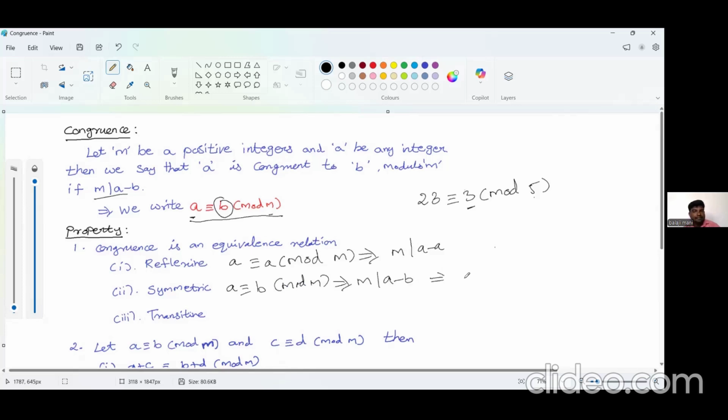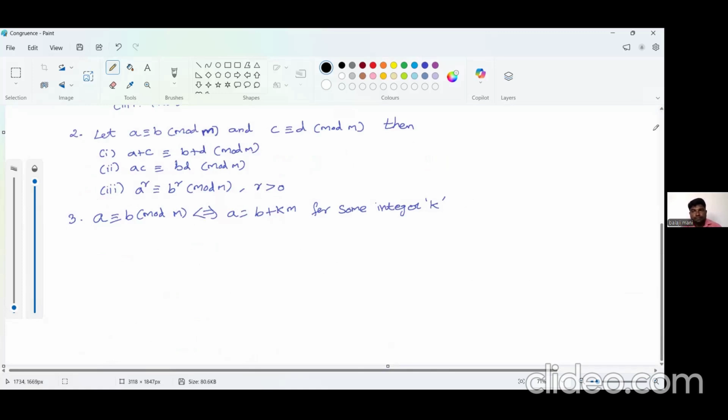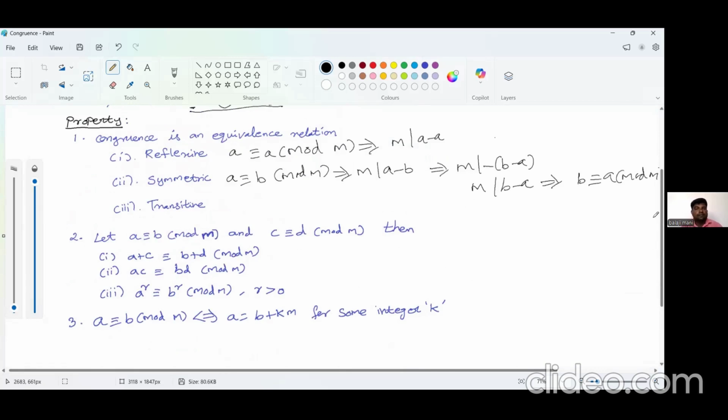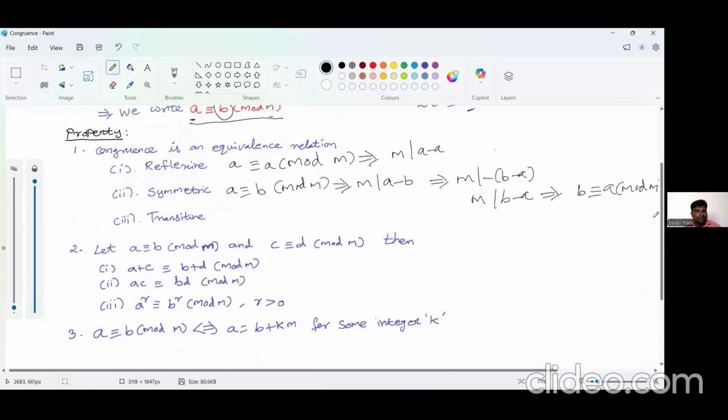It can be written as m divides minus of (b minus a), taking the minus common. Since m divides the negative of b minus a, m also divides b minus a. So we can write b ≡ a (mod m), which satisfies the symmetric axiom.